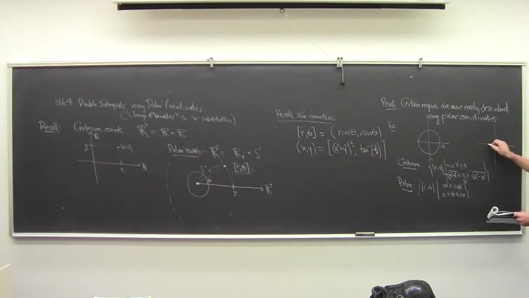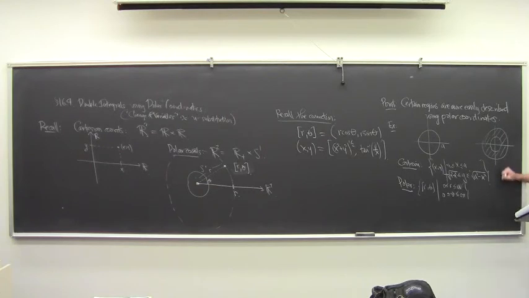Okay. Now suppose we wanted to describe something like this, an annulus, the region trapped between two circles. How would you describe that in the Cartesian way? Does anyone want to try? I don't. Okay, let's just leave it.